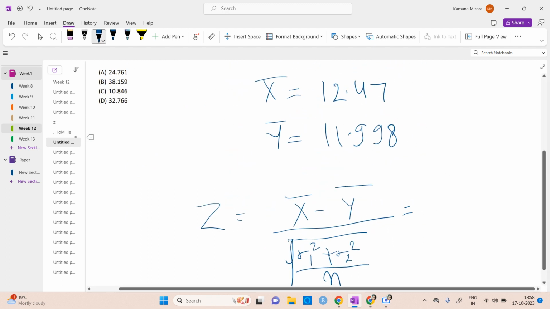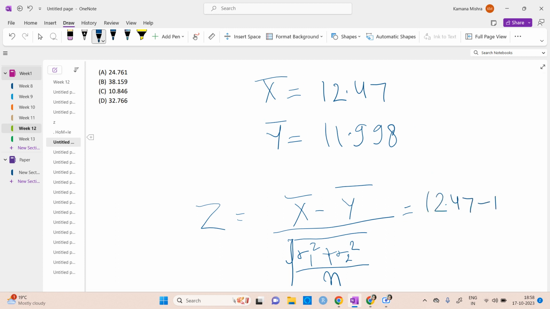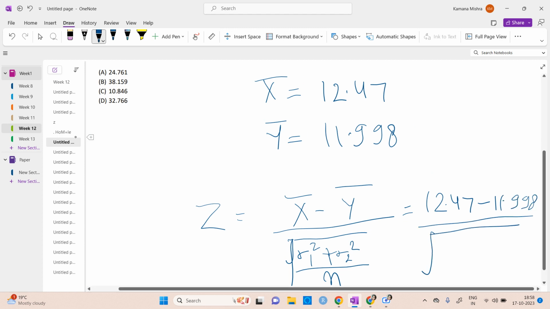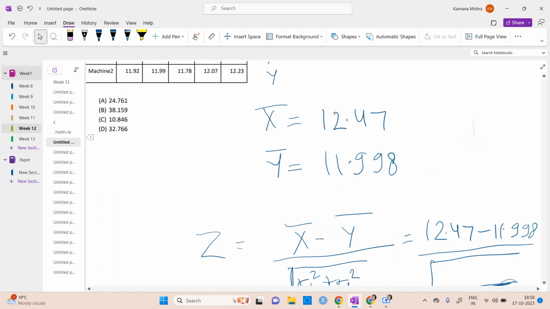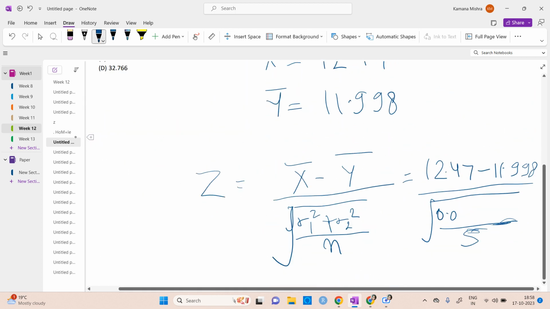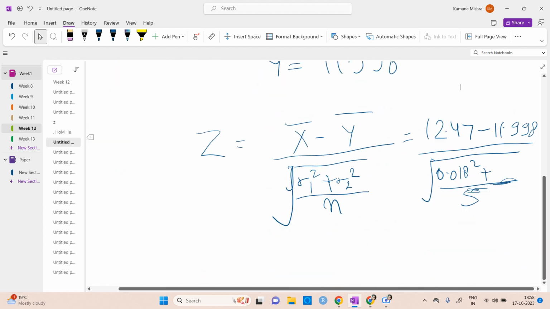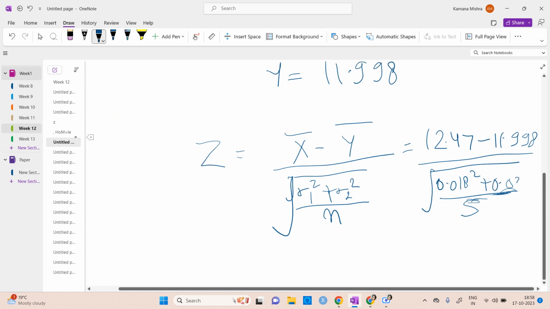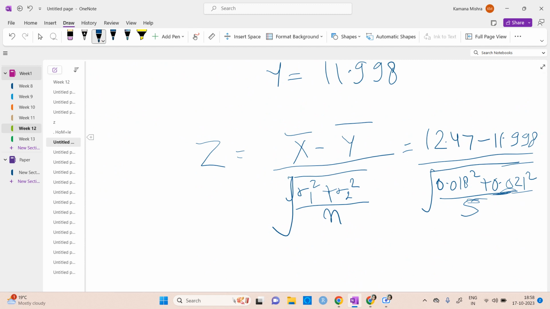So z would be what? This value, and then 12.47 minus 11.998, divided by the root of 0.018 square plus 0.021 square, over 5, right?